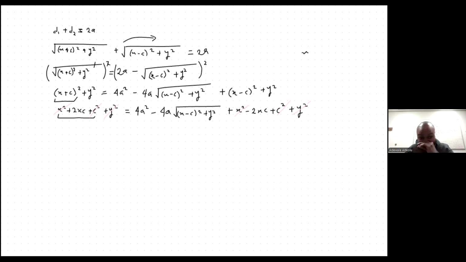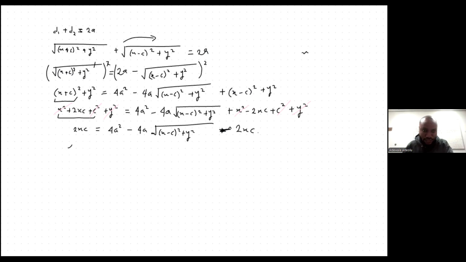If I move it to the other side, it becomes positive. So now I have 2xc equals 4a squared minus 4a times the square root of x minus c all squared plus y squared, minus 2xc. So I can move 2xc to the other side.